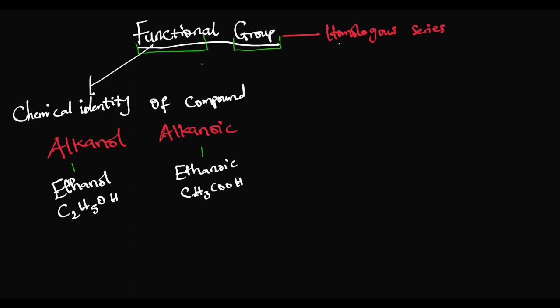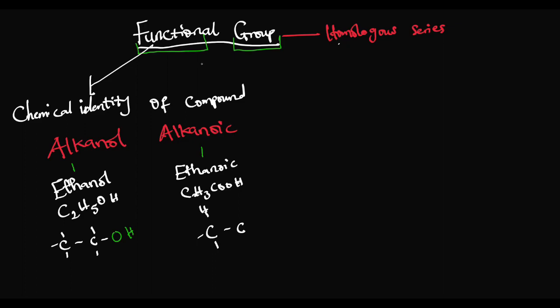Probably when you draw a structure, you'll be able to understand it better. So let me draw a structure. It simply looks like this. Let me use another color of pen for this. So we have OH here. For the other one it's similar also, we have C, so we have CC, 1, 2, 3.